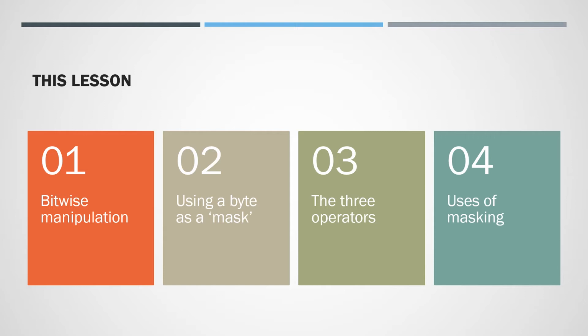We're going to look at how the 3 operators AND, OR, and a new operator called XOR are used to cause masking, and quickly look at some of the reasons we might do masking. So there's quite a lot to learn in this lesson, and it's all relatively new. It's a kind of side topic to the rest of what we've been doing about binary maths.